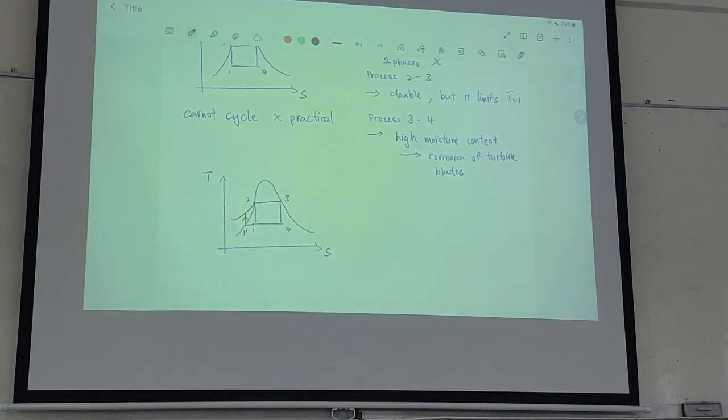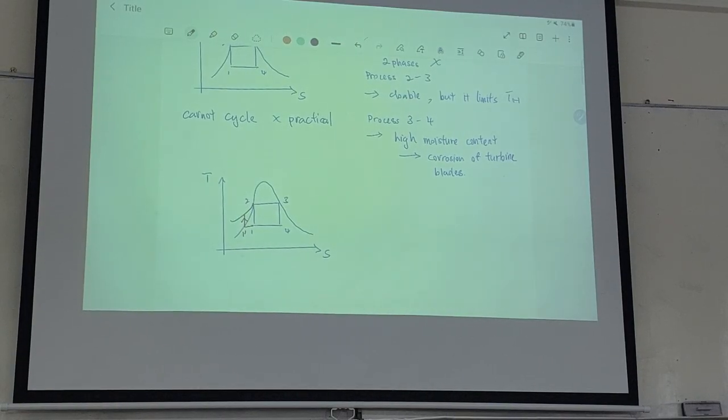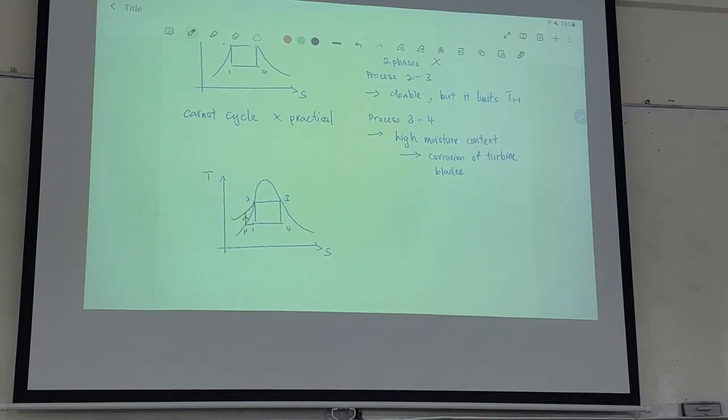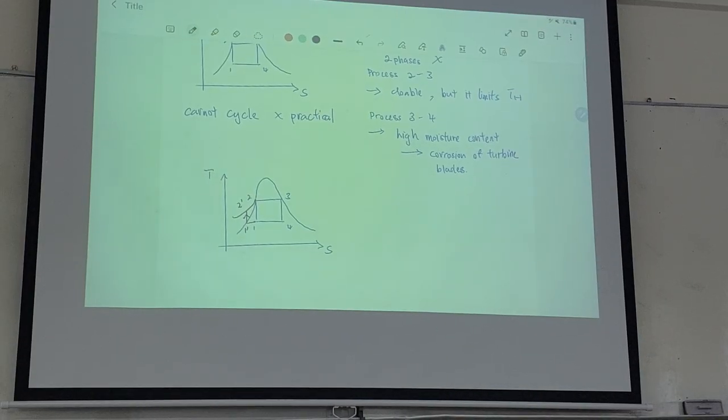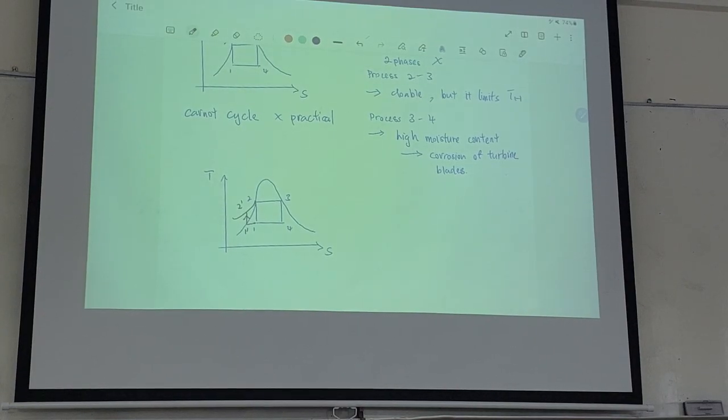We only want to deal with 1 phase, which is liquid phase here. And 2 to 3 again we say is doable, and so 2 comes over here. So 2 to 3 we say it is doable, but it kind of limits the temperature that we have for heat addition, because it's an isothermal process.